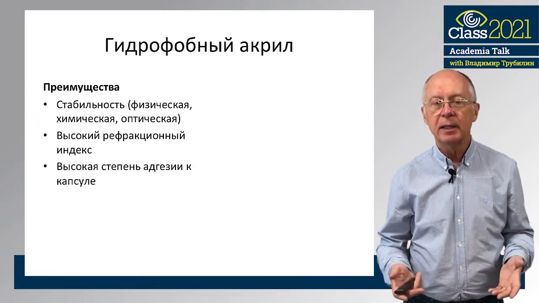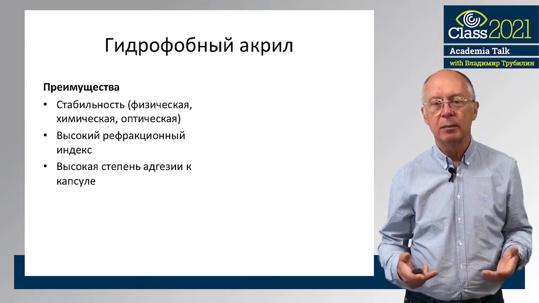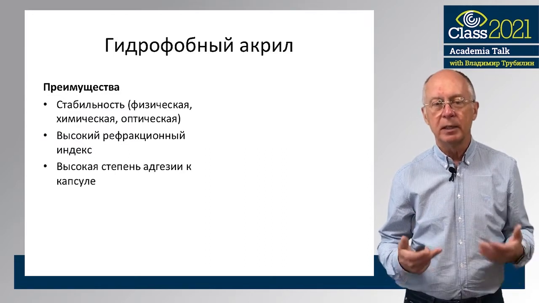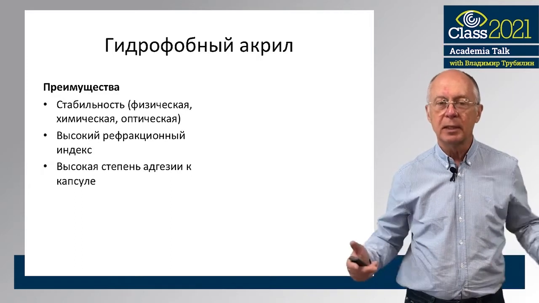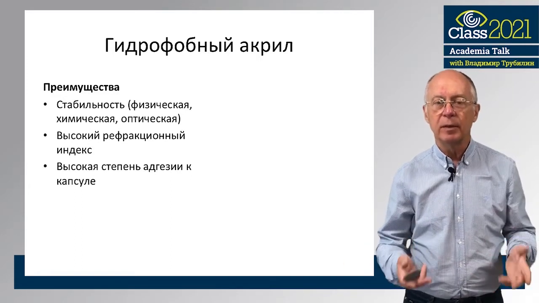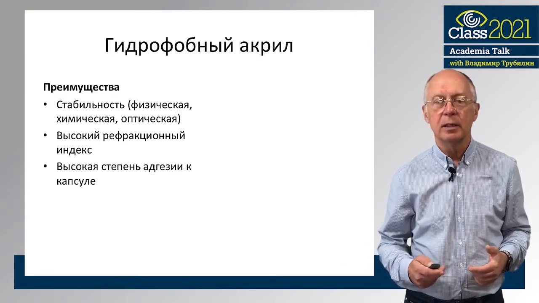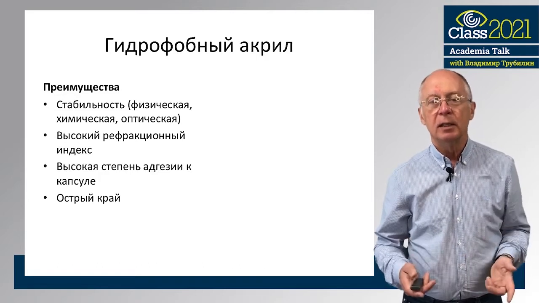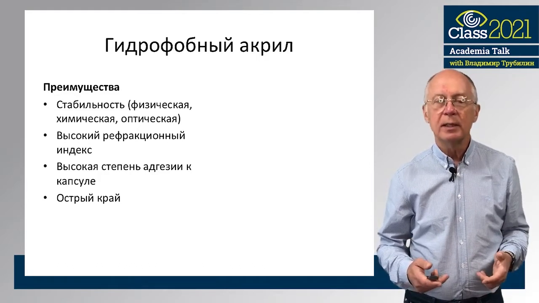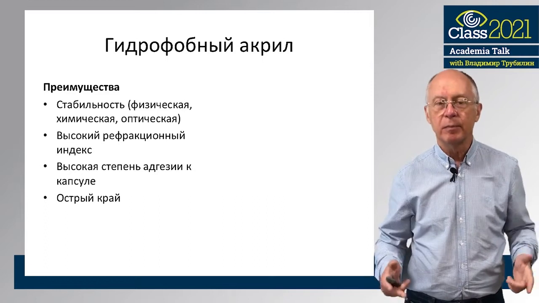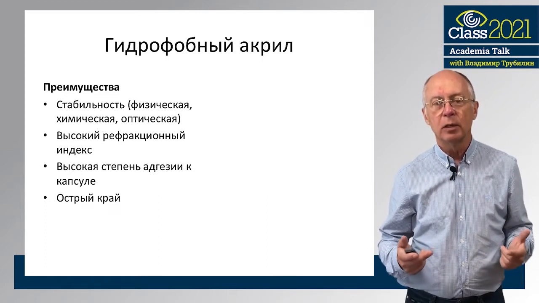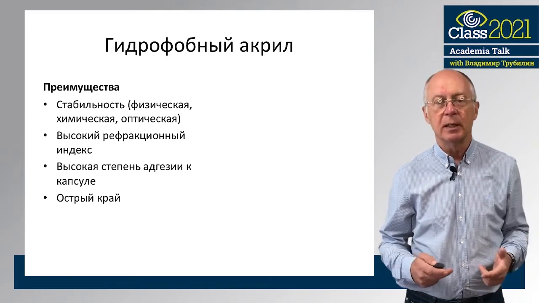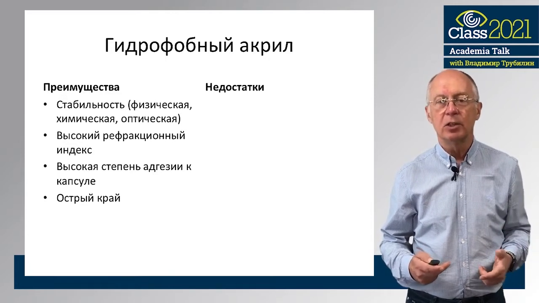They have a high degree of adhesion to the capsule, as the material has the property of adhering to the posterior capsule of the lens, preventing epithelial cells from migration, and as a result, preventing the development of secondary cataract. It is easy to make lenses from hydrophobic acrylic with a straight or sharp edge, which also prevents epithelial cell migration, and as a result, prevents development of secondary cataract.